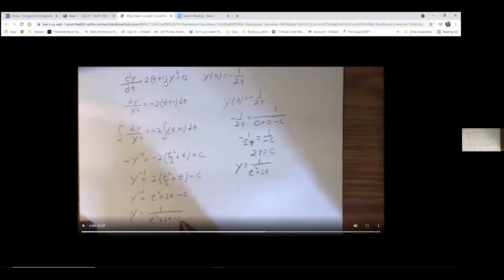Y is not a constant. That's important to understand. It's the dependent variable; it depends upon t.